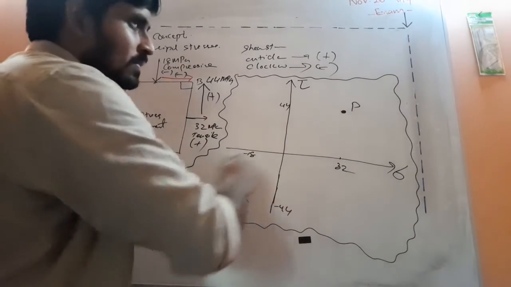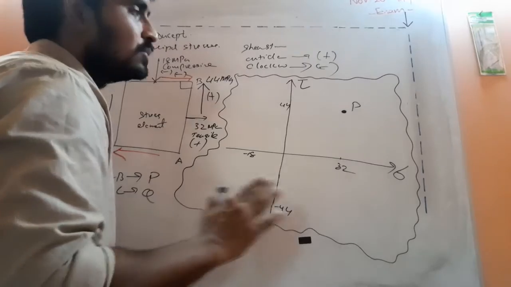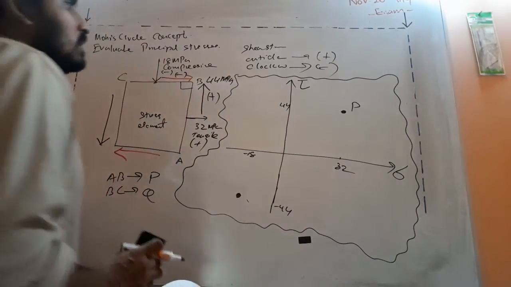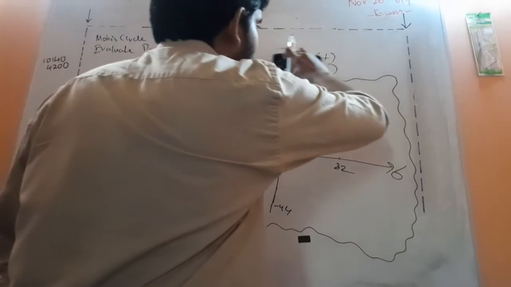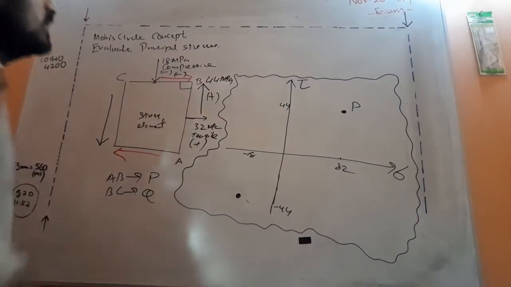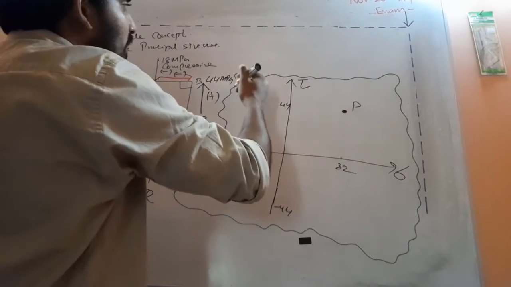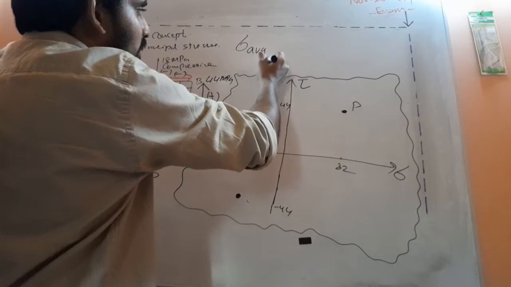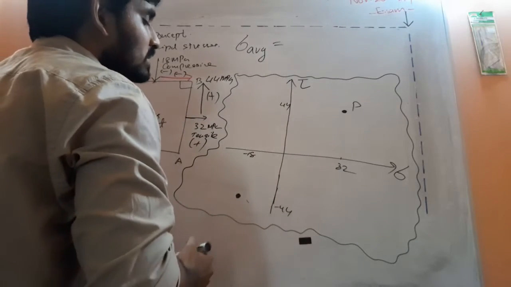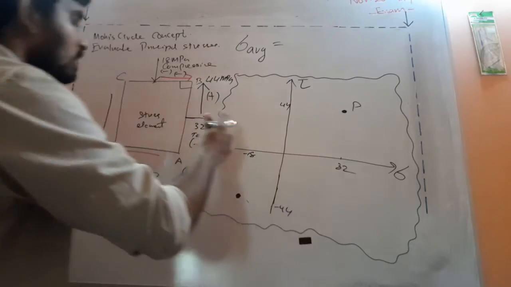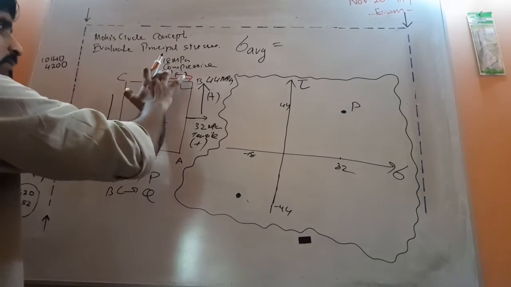The x coordinate of the center is the average normal stress. Certain parts I will erase. What is the average normal stress? The average of the two normal stresses, because one normal stress we have here, another one we have here.